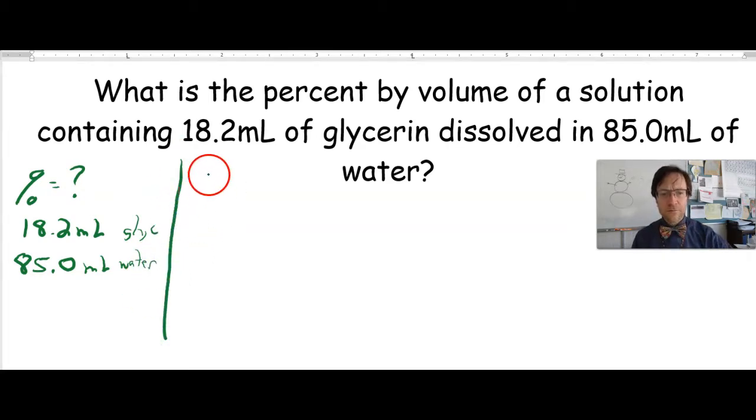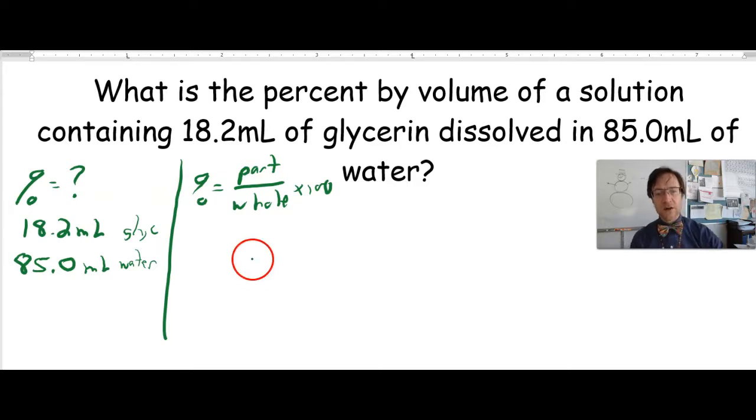A lot of times we switch everything to liters because that's our standard measurement of volume. However, with percent composition, if we have milliliters in the numerator and milliliters in the denominator, they cancel out. So you can actually use milliliters with this one, as long as everything is in milliliters, we will be just fine.